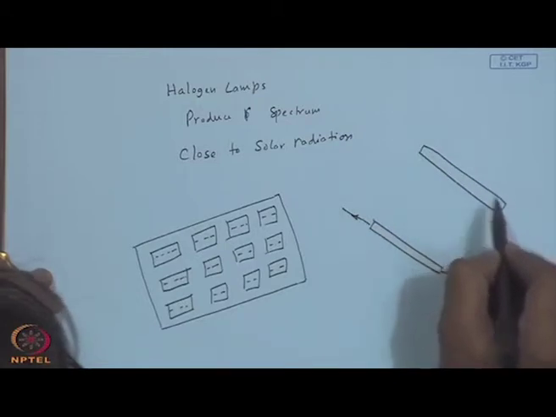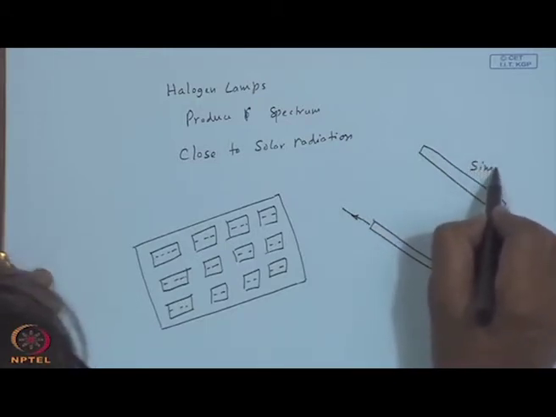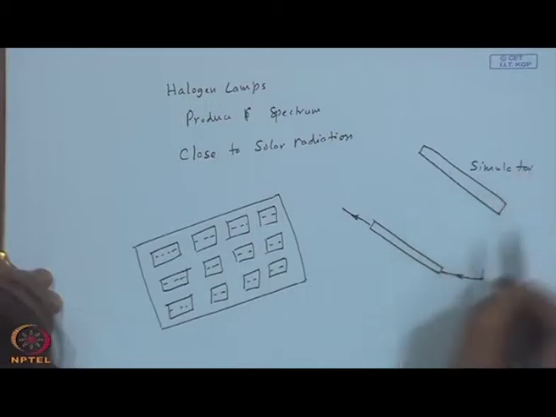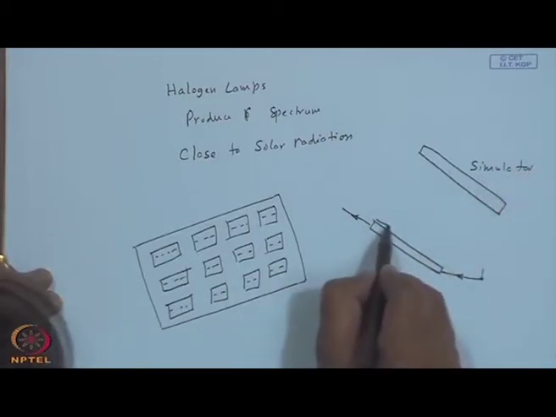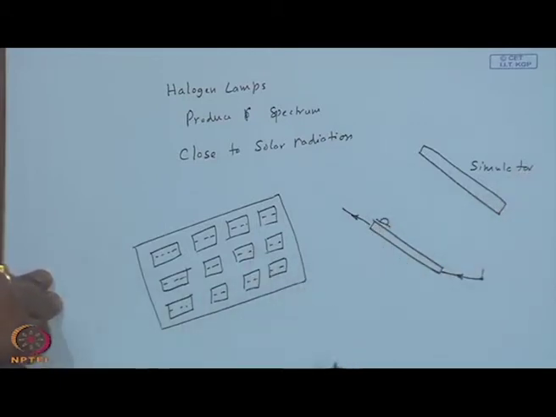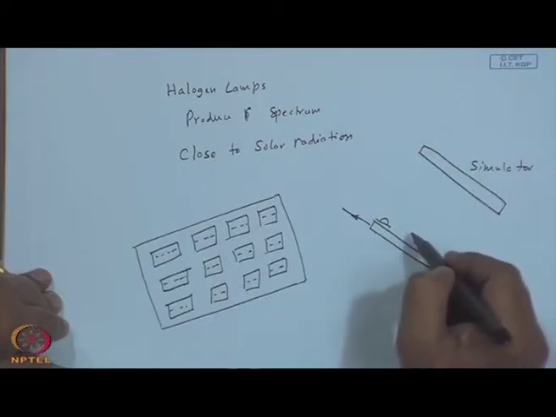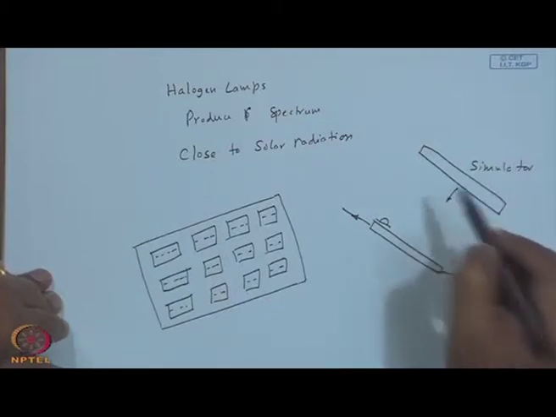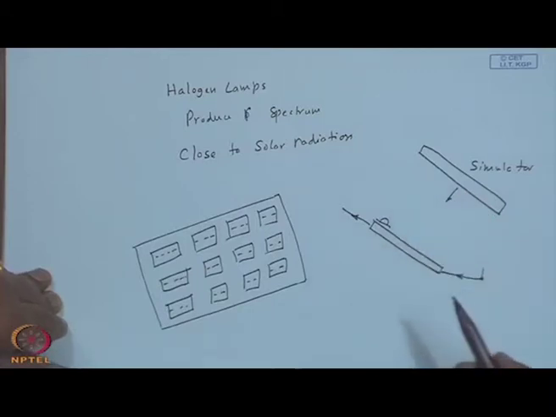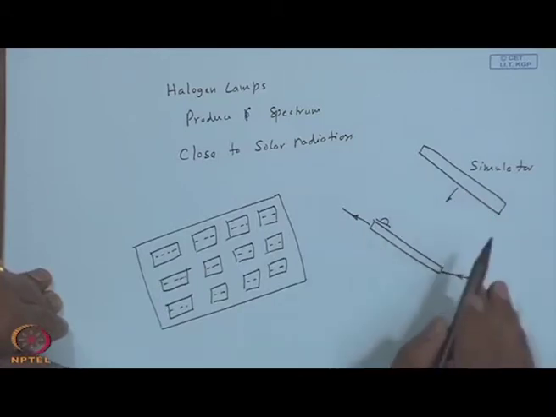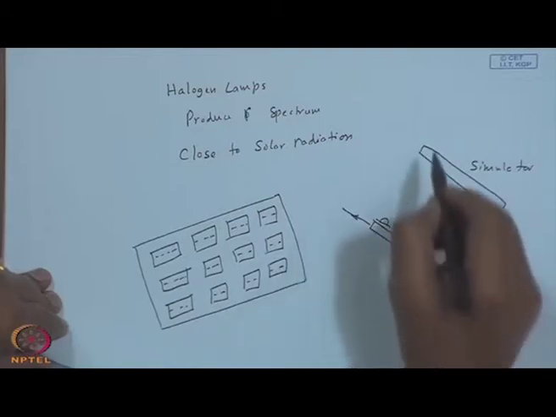This is your simulator, and you use a pyranometer on the collector surface and ensure whether the intensity is uniform or not, and if it is within plus minus 5% or so, it is okay. If necessary, you can bring it down by moving it nearer. If you want a higher intensity, move it away, that is one way, or change the voltage.